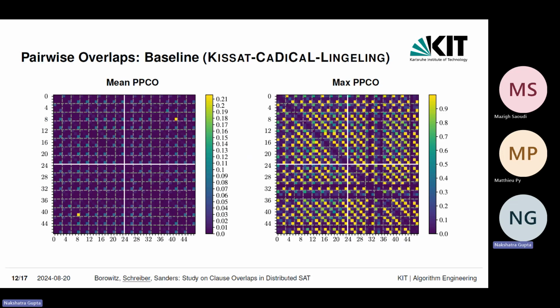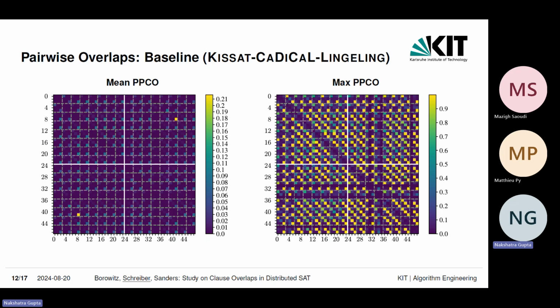And now we looked at the pairwise overlaps between particular pairs of solver threads. What you see here at the left is a matrix of each pair of solver threads within the first 2 processes which we start. The processes are divided here by the white lines, and the gray dashed lines are individual repetitions of the solver backends.